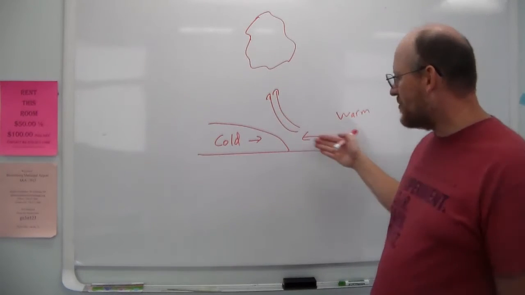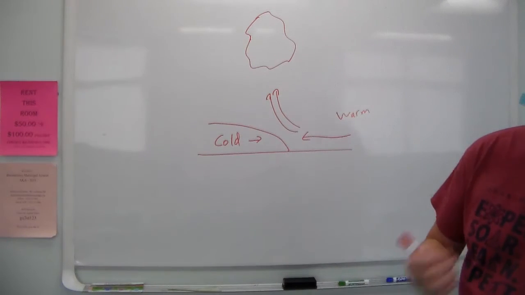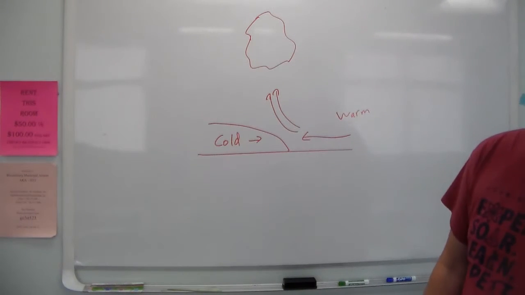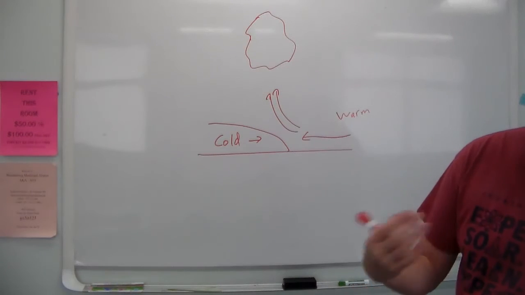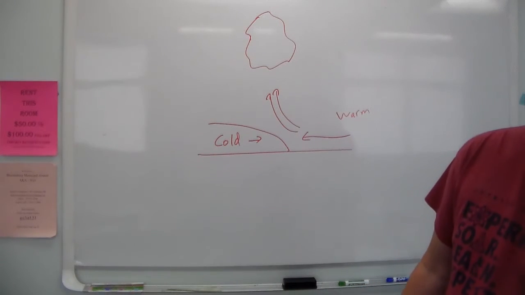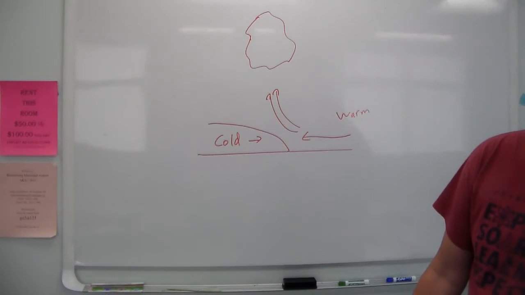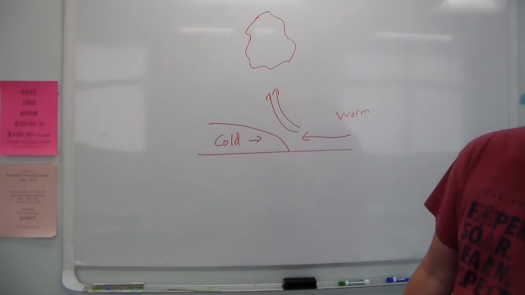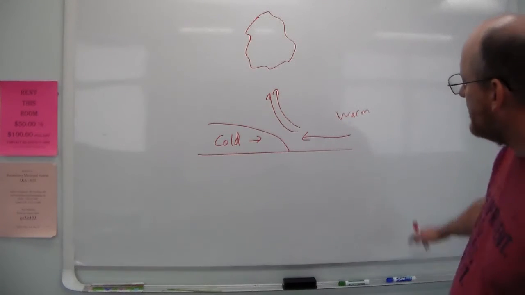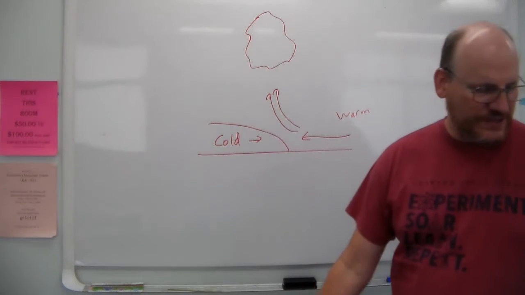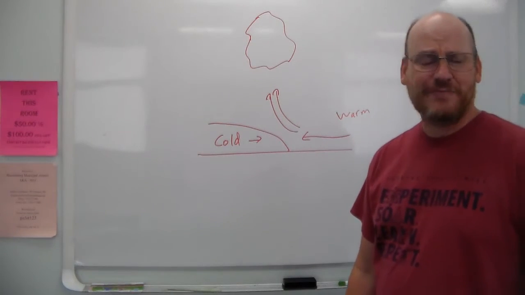Well, what if the warm stuff is moving faster? Well, you know, that's the difference between cold fronts and warm fronts. But if I look at cold fronts, these can lead to another one of those things that is not a friend of pilots.